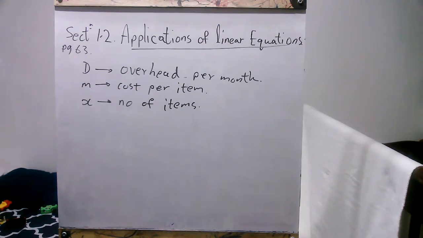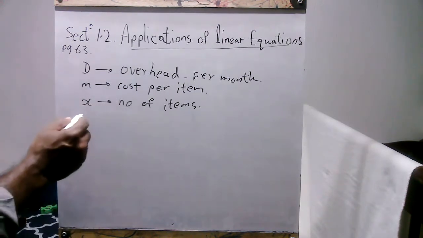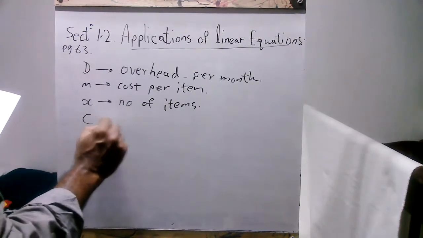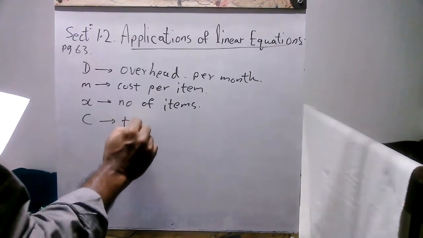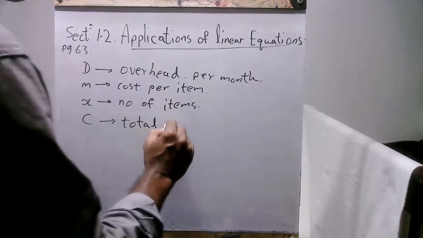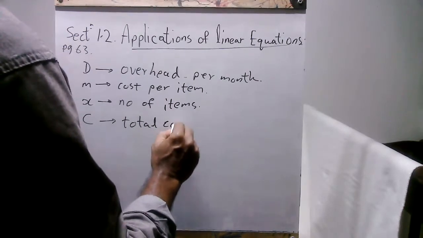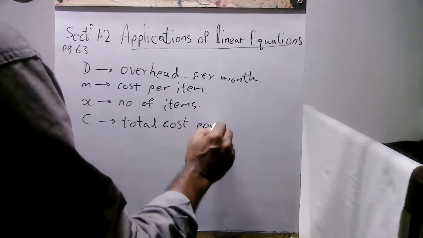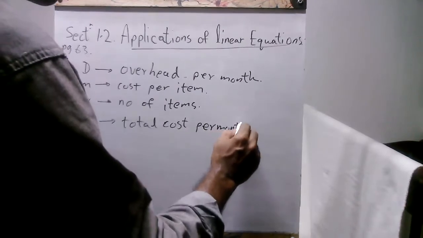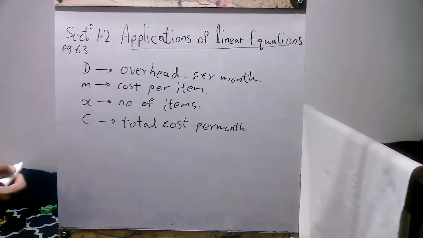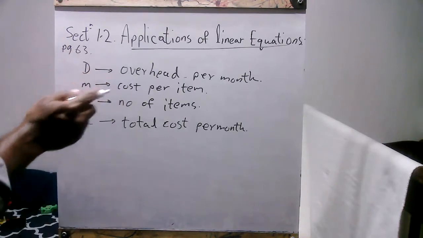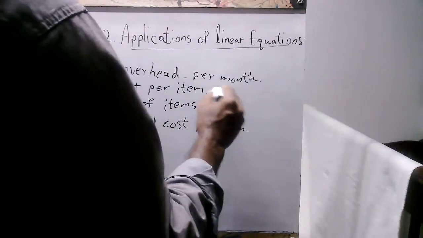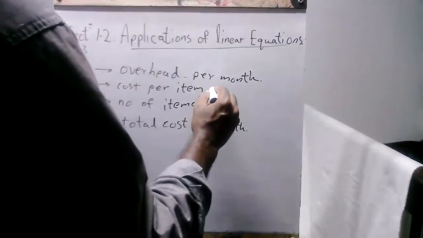Then the total monthly cost C is given by, okay, C is the total cost. Again, this is per month. Cost per item, in business there is a term used for this. This is also called marginal cost.